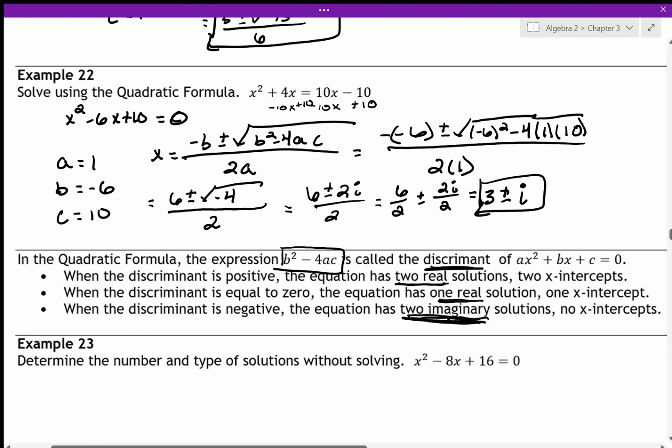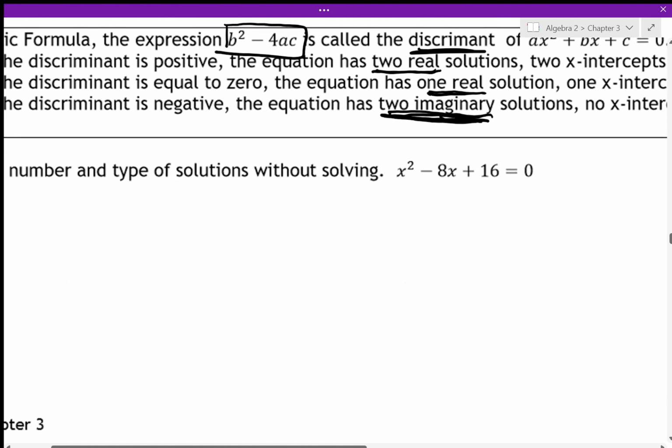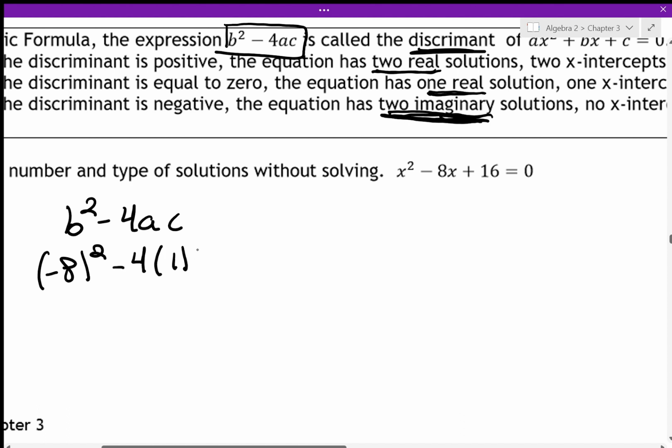So number 23 here. We're supposed to plug in b squared minus 4ac. We're just supposed to decide how many solutions there are. B squared minus 4ac is going to be negative 8 squared minus 4 times 1 times 16. That's 64 minus 64, which is 0.